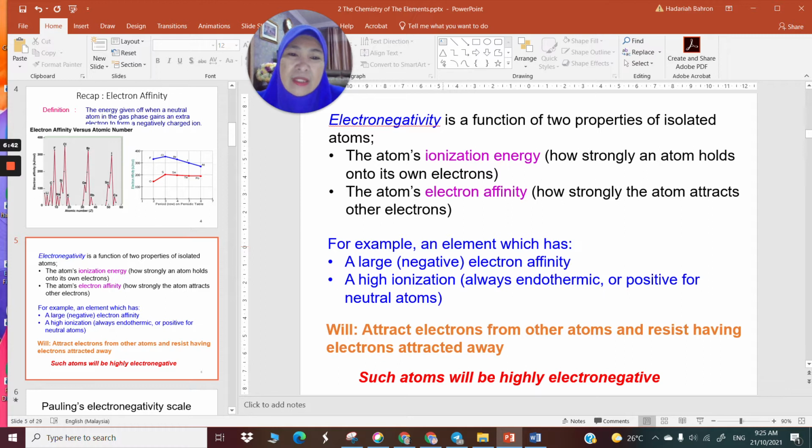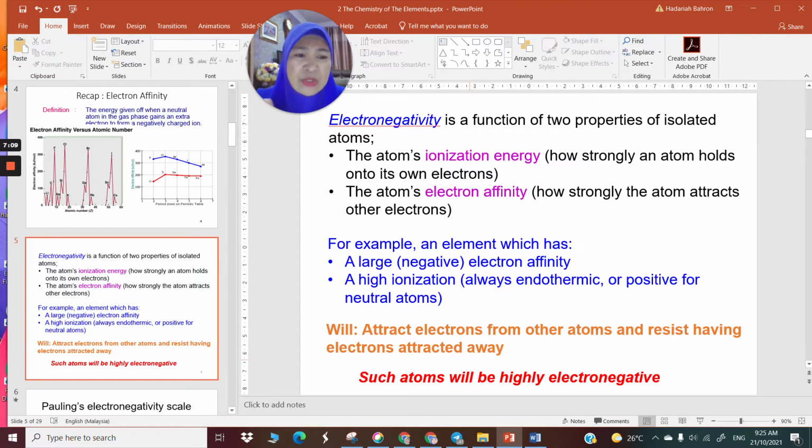So for example, an element that has these two characteristics, a large electron affinity, i.e. an ability to pull electrons into itself, and high ionization energy, or the ability to hold on to its own electron. What will happen to this element?